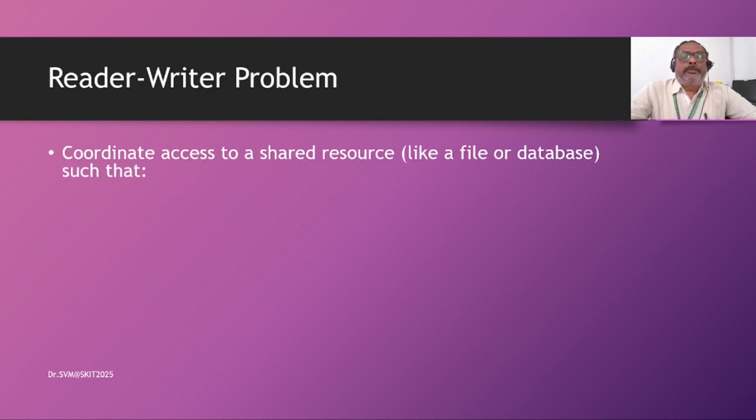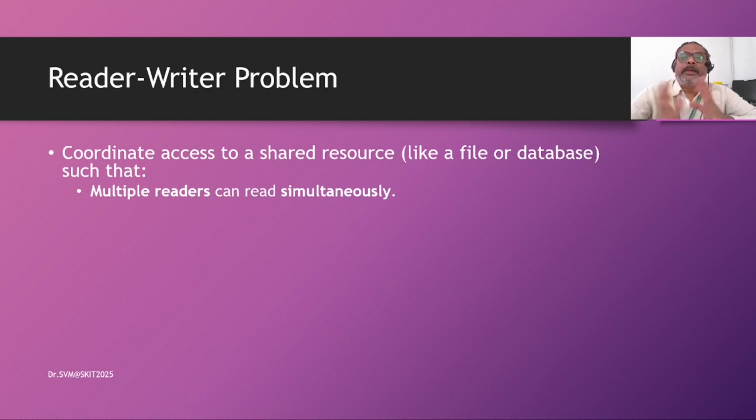So the problem is to coordinate access to a shared resource like a file or a database such that multiple readers can read simultaneously. Yes, reading doesn't change the data, therefore we can allow multiple processes to read simultaneously. It doesn't create any inconsistency in the data, so that's possible, and we can speed up the process.